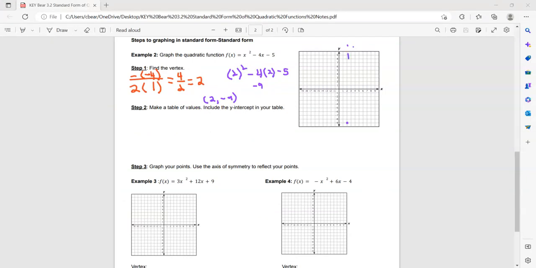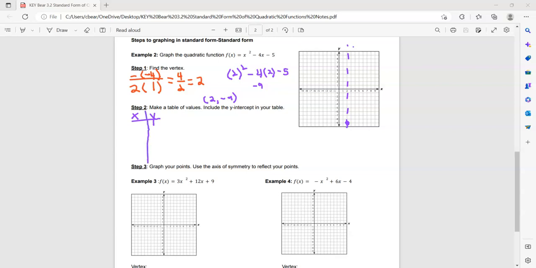Remember, we have this line of symmetry that occurs here with our vertex point right down there. Now we're going to make a table of values, and I like to include the y-intercept in my table because that just means less calculation.